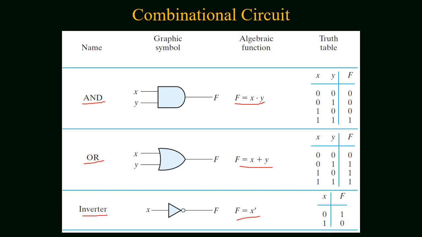The AND gate performs logical multiplication, the OR gate performs logical addition, and the inverter is used to complement the input. All these three gates change their output as the input is changed. So these are an important part of a combinational circuit.